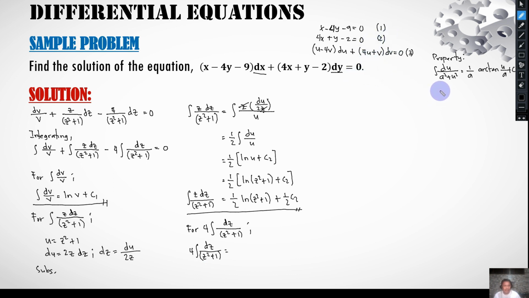Itong ating z squared plus 1 dito ay equivalent lang siya sa z squared plus 1 squared, right?